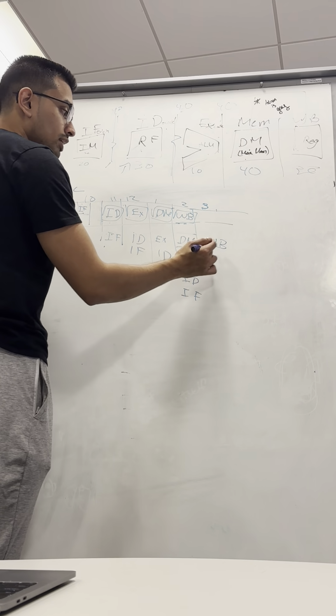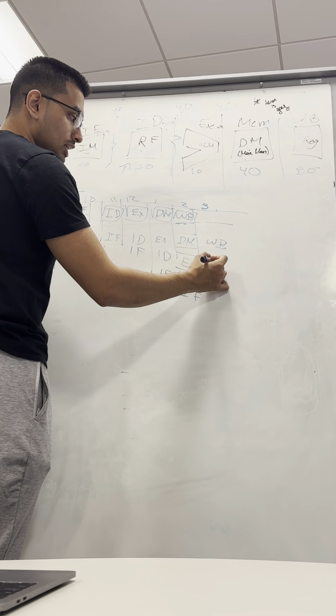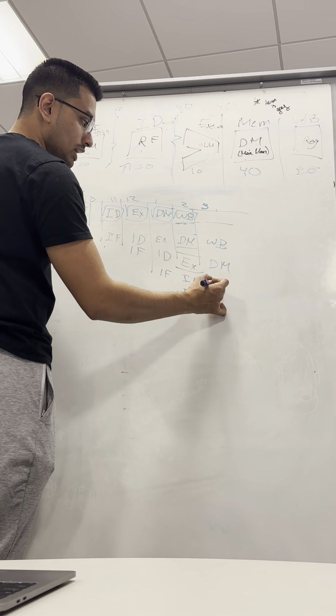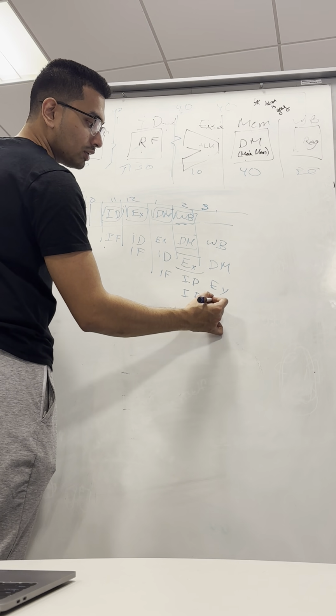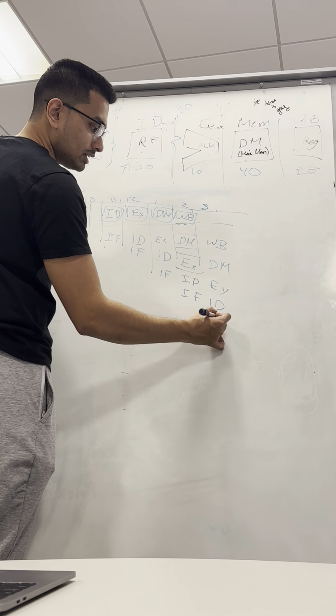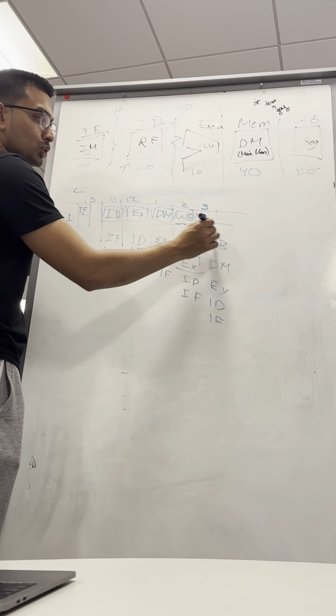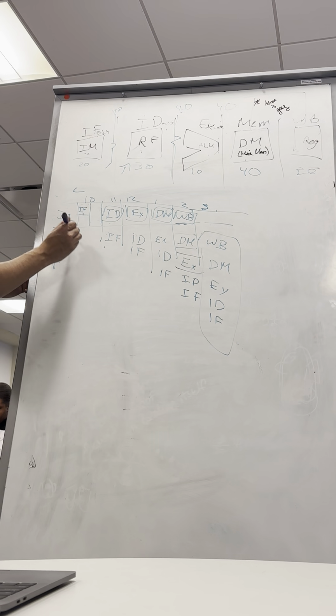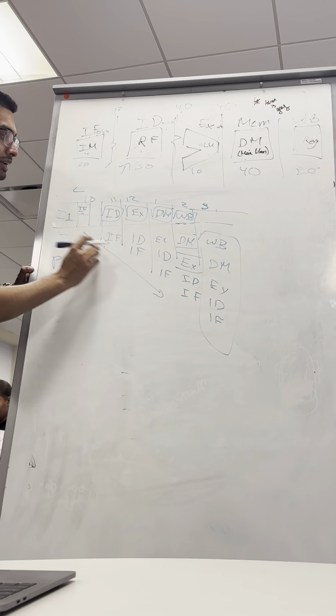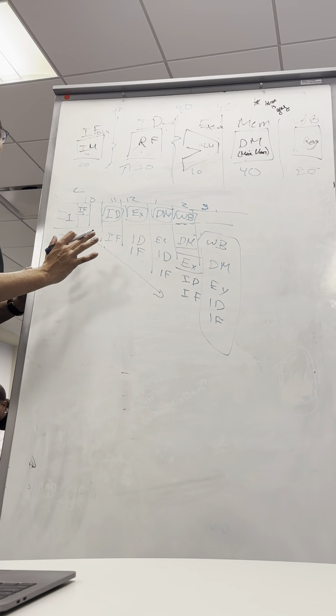Now, this one's gonna be in write back, this one's gonna be in direct memory, this one's gonna be in execute. Yeah, but when you're using all the stages, that's full efficiency, and these are considered like you're not fully efficient yet.